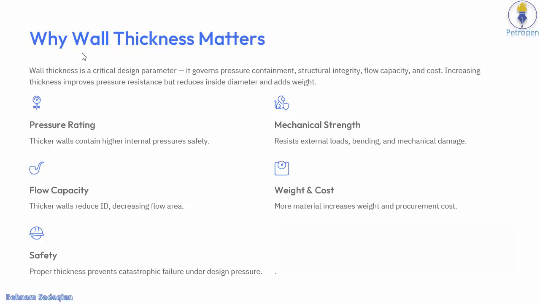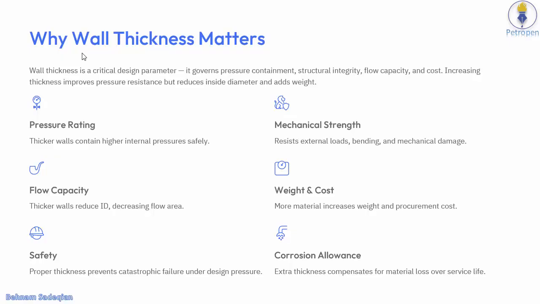Engineers must also consider corrosion allowance by adding extra wall thickness to compensate for material loss during the service life of the pipe. Selecting the correct wall thickness is always a balance between safety, performance, and economy.